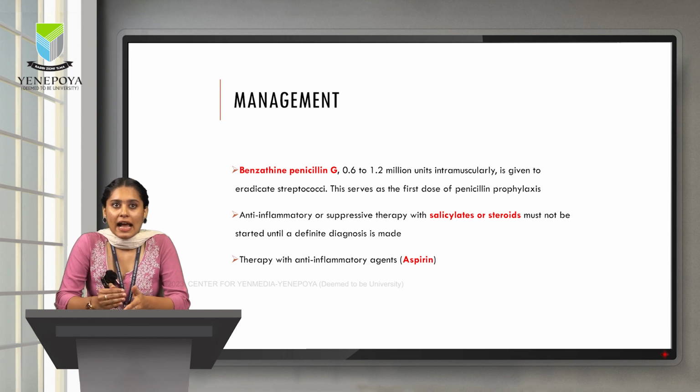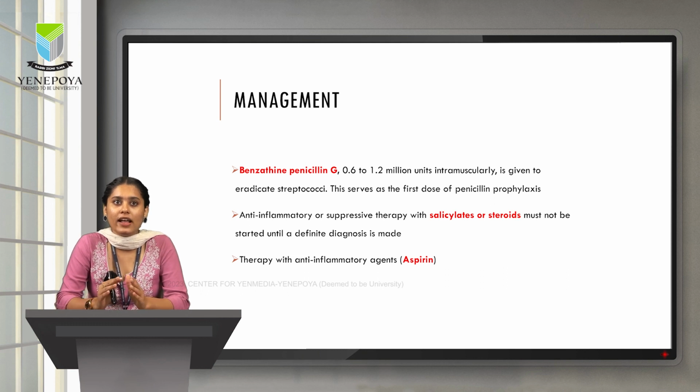Anti-inflammatory or suppressive therapy with salicylate or steroids must not be started until a definitive diagnosis is made. Why? Because these steroids or salicylates are going to reduce the inflammation, so you will not get the obvious results. So at that point of time, if you are going to do the diagnosis, obviously the result will be false or misinterpreted.